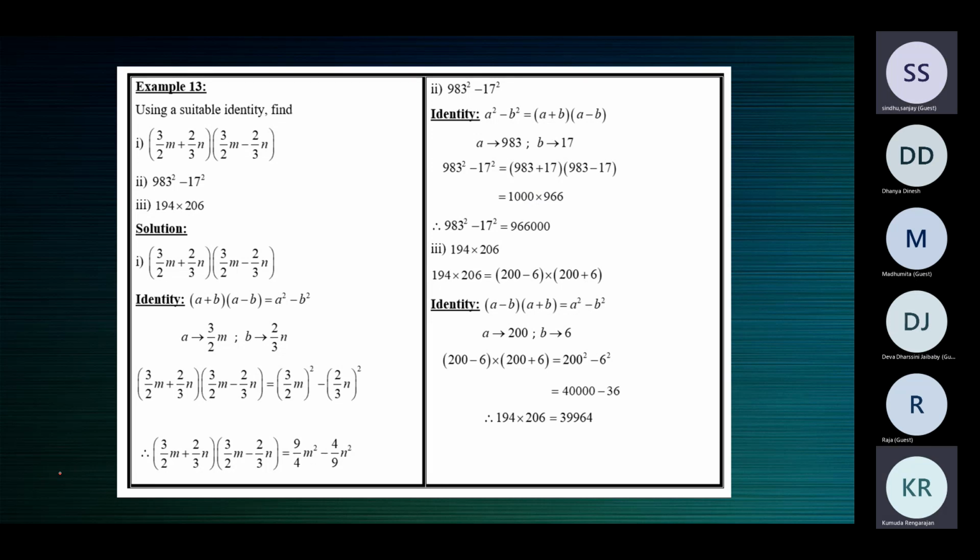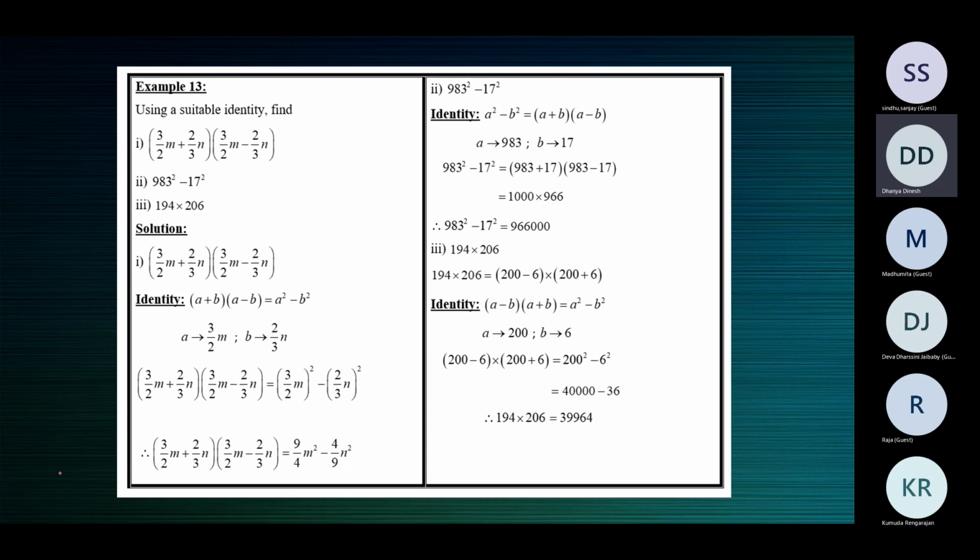Who can tell me all the three identities? Tell me the three algebraic identities. Ma'am, a plus b the whole square is equal to a square plus 2ab plus b square, ma'am.